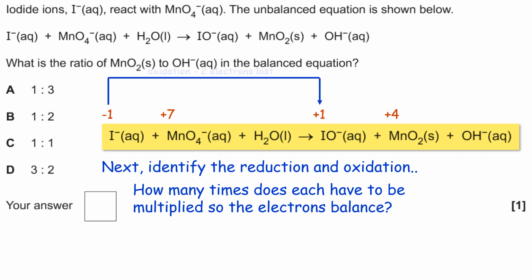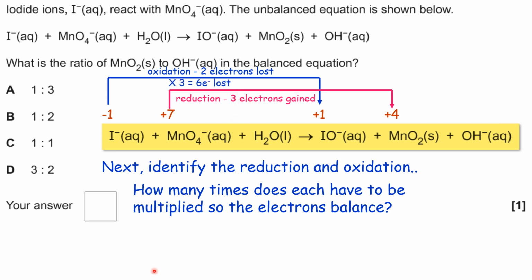So what we're trying to do is work out how many times each half of the equation has to be multiplied up. So how many times does the oxidation have to happen in order for the reduction to be supported? The reason we have to do that is because you can see the electron numbers being transferred at the moment on balance.